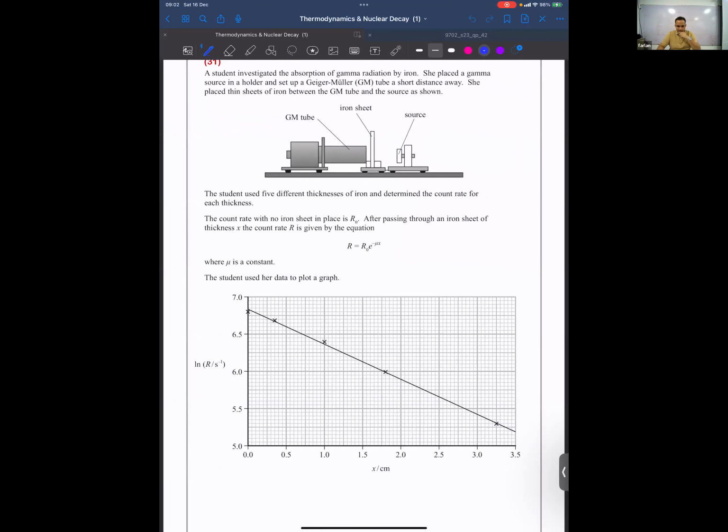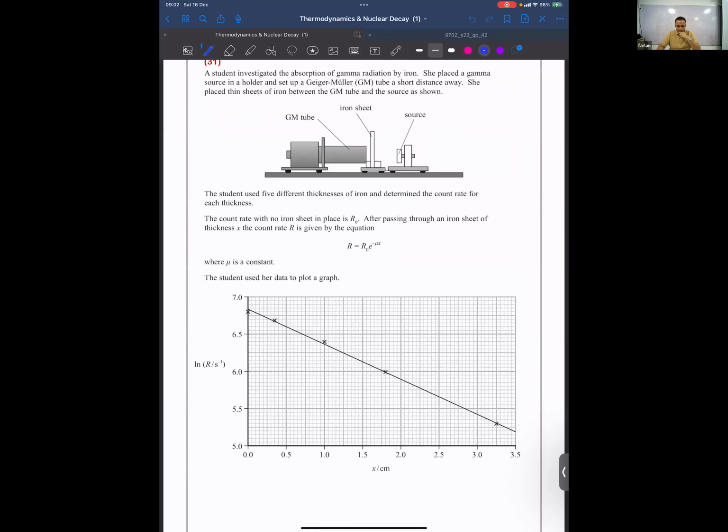The student used a source that emitted gamma rays of energy 1.1 mega electron volts. Deduce whether the data the student obtained confirm this energy value. Half value thickness for 1.1 mega electron volt gamma rays in iron is 1.5 centimeters.